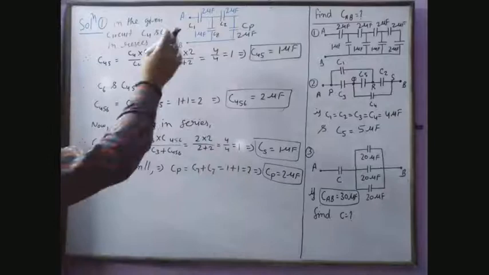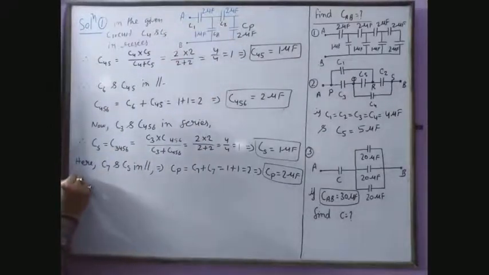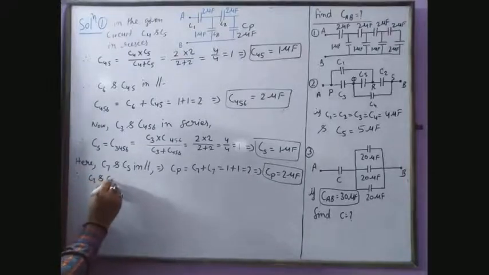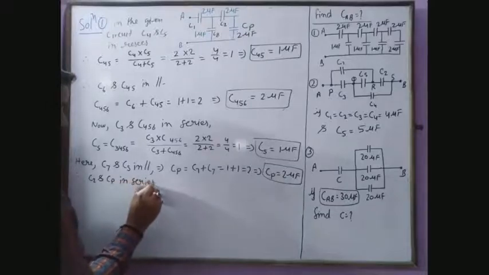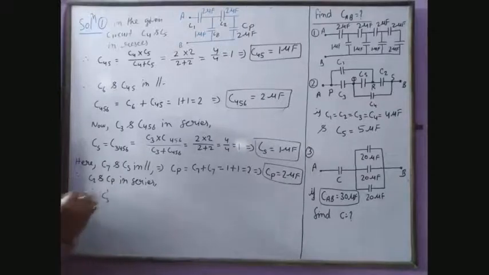Okay, now in this process again, these are in series here. Therefore C2 and CP are in series, so CS dash.